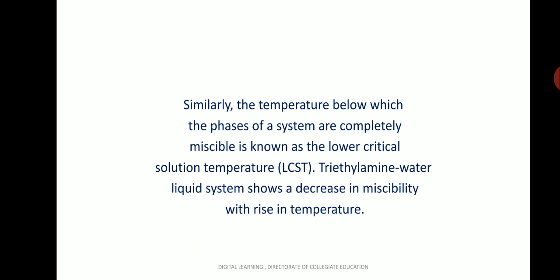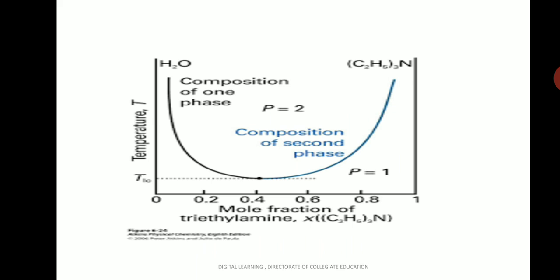Similarly, the temperature below which the phases of a system are completely miscible is known as the lower critical solution temperature. The triethylamine-water liquid system shows a decrease in miscibility with rise in temperature. This figure is the phase diagram for the triethylamine and water system.